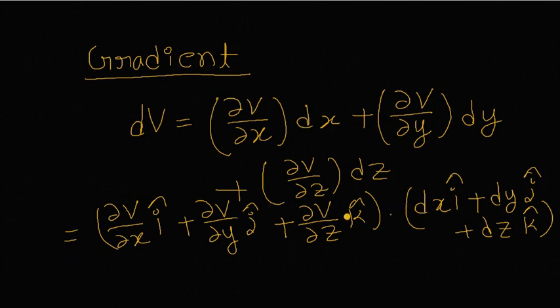If we take the dot product of these two, we can easily get the value of dv. So we can write dv in this format.